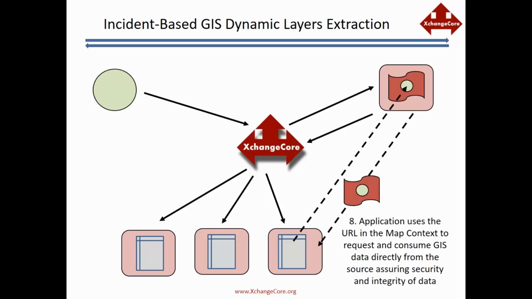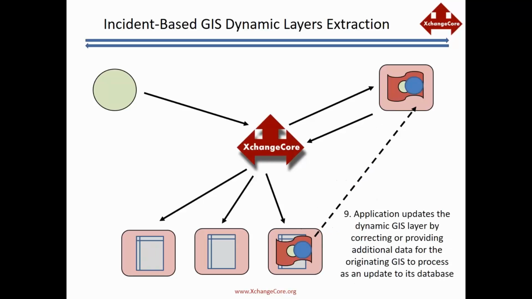And I now have consuming in this application the GIS data directly from the source, making certain of the integrity of the data, and we've also made certain of the security of that data, because that application in the upper right-hand side requires authentication, which has been done in this process.